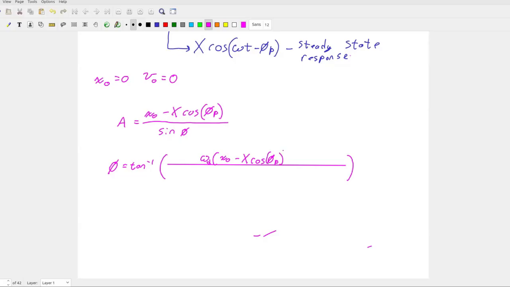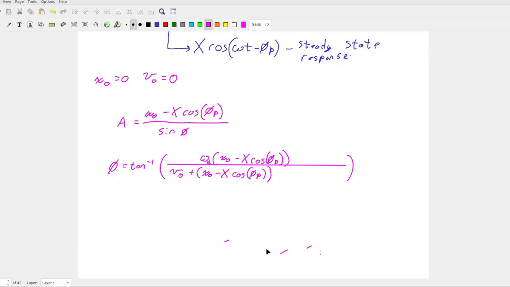That's in brackets for the cosine, and then I close out the parenthesis that my omega d is multiplied by, divided by v naught plus, open parenthesis, x naught minus capital X cosine of phi p.